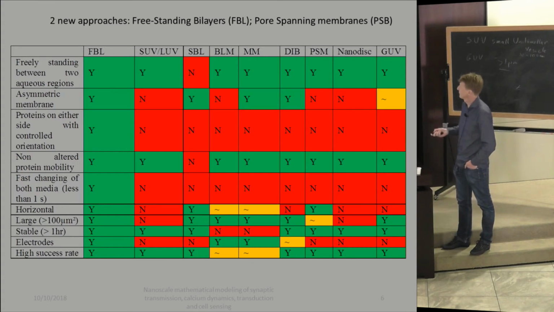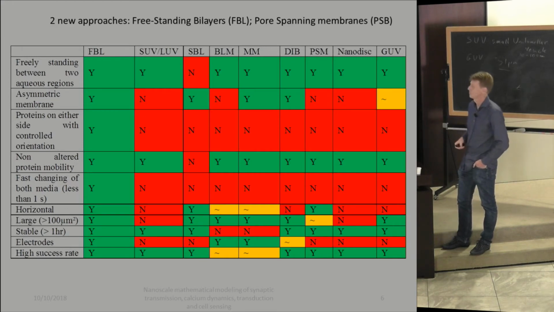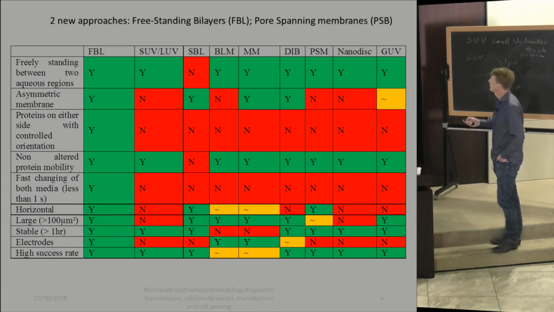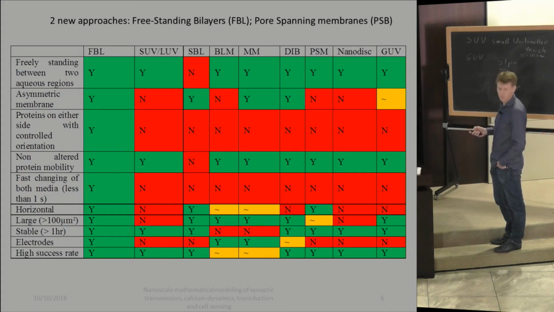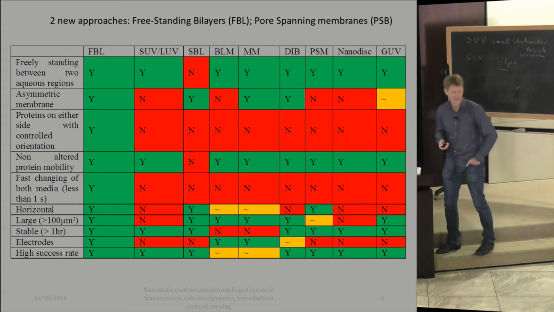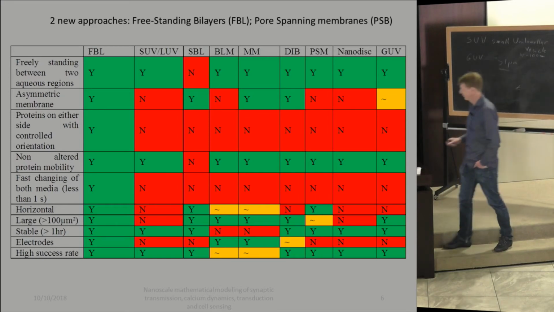That's the ultimate one that we'd like to use as much as possible in the future. You'll understand why later. The other one is a pore-spanning membrane that we designed a couple of years ago. It doesn't fulfill all the requirements either, but I'll talk about it at the end and show you some results so that you have at least some results by the end of the talk.